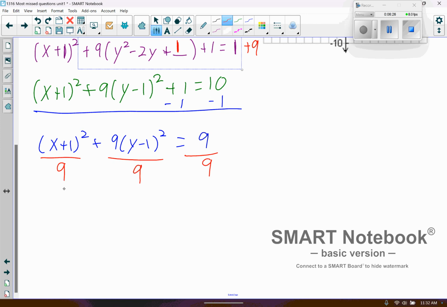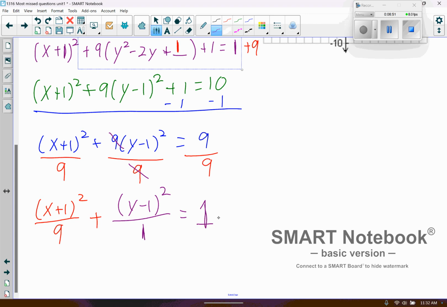And so I end up with x plus 1 squared over 9 plus, and then over here the nines are going to cancel out, but just to make a point, I'm going to go ahead and write that over 1, and that'll help me when I start to extract my information. And then right here, 9 divided by 9 is 1.